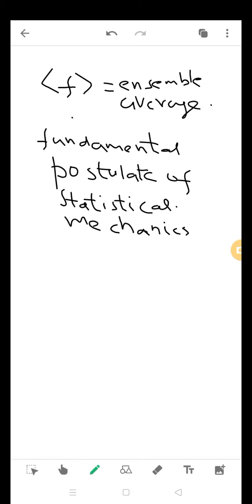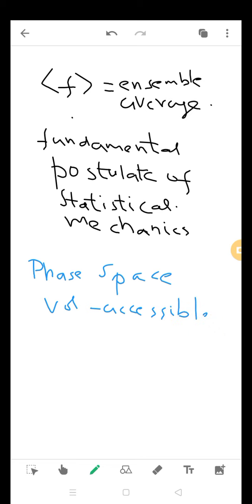Lastly, the phase space volume which is accessible to the system is actually proportional to the number of microstates.